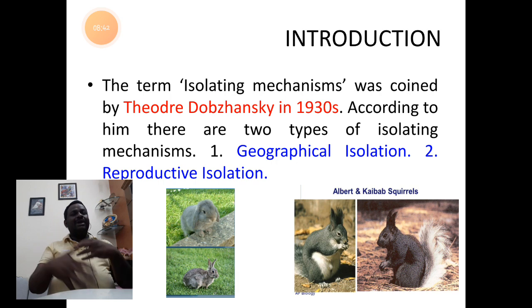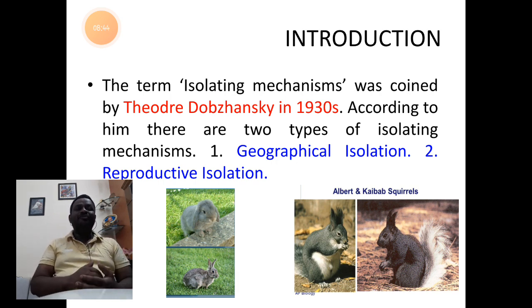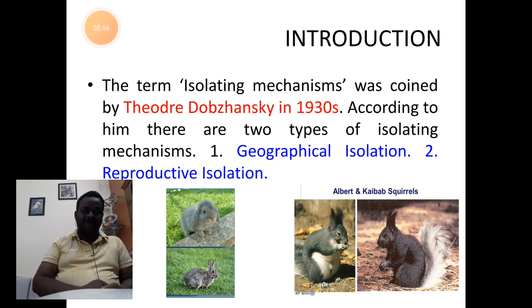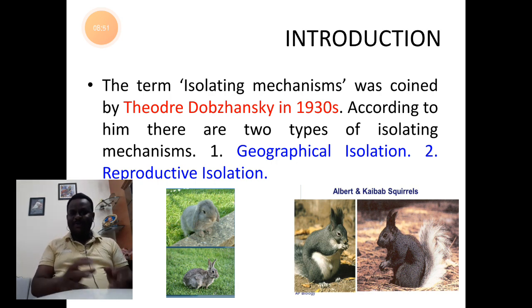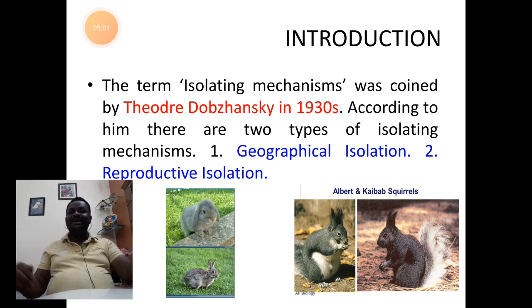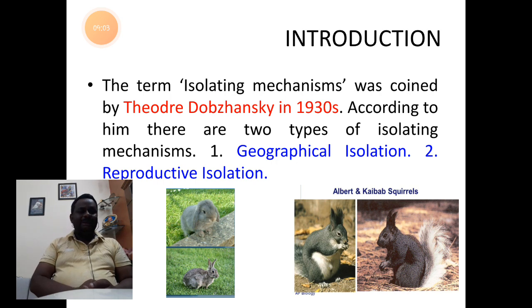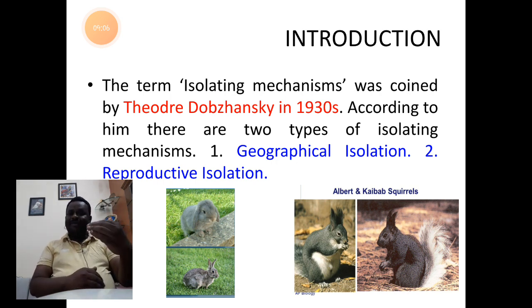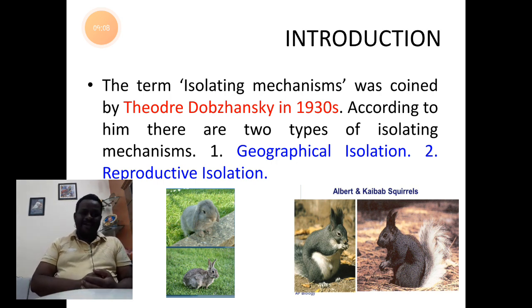This kind of isolation we call geographical isolation. So that we find in the rabbits of two species. You can see the two different species towards the left side are different. They cannot reproduce because they are geographically isolated by means of thick forests.